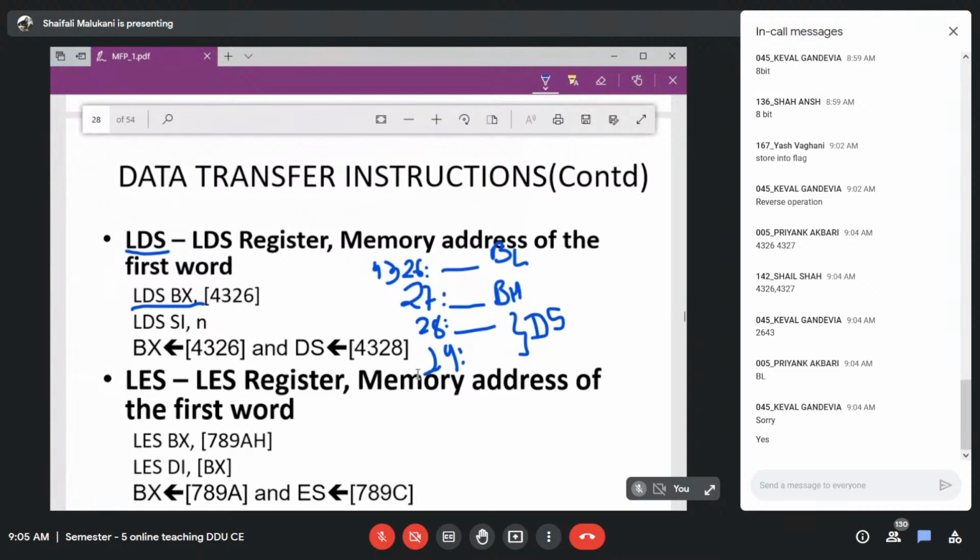So you are not only loading BX but also loading DS. DS is the data segment register. In the same way you can see LDS SI comma N. Can you tell me what will happen here? LDS SI comma N. What will happen here?